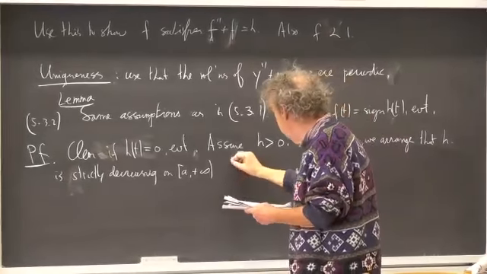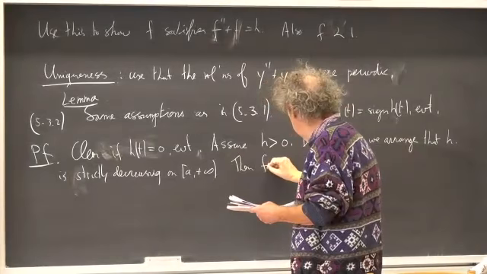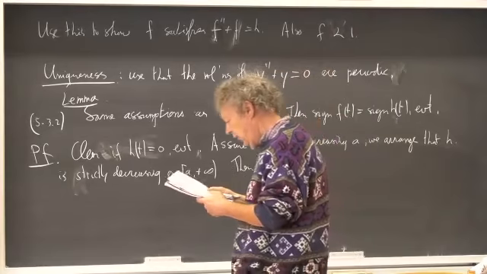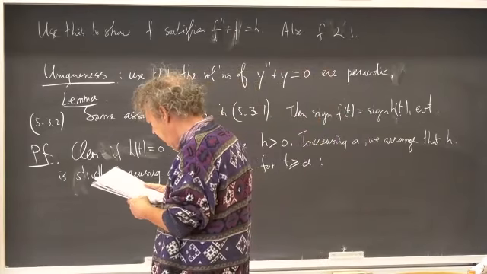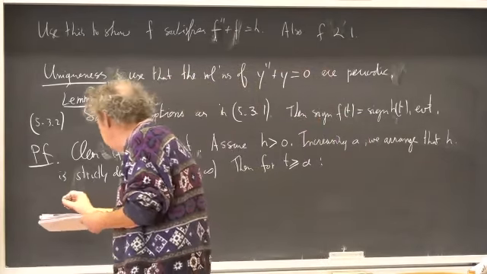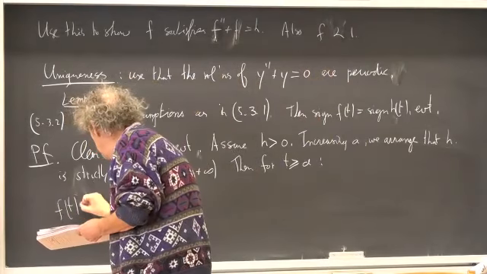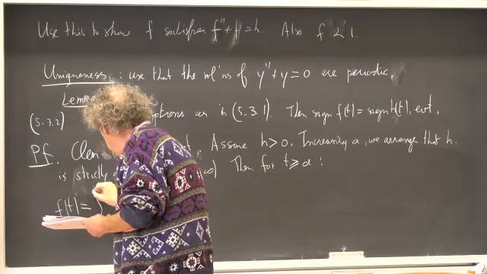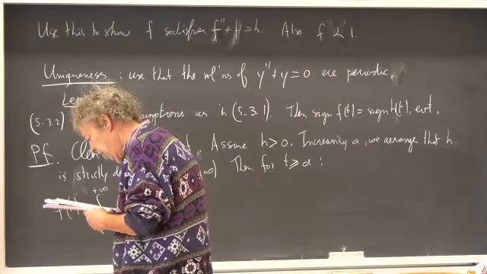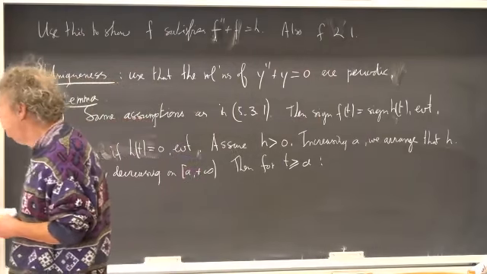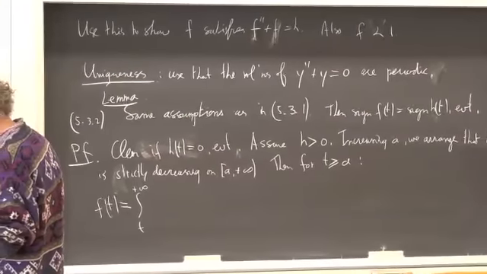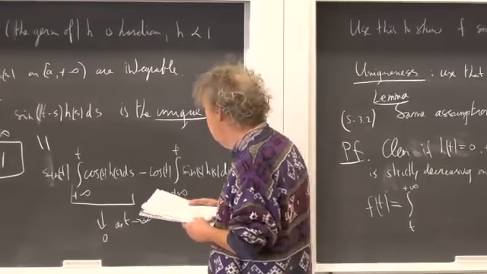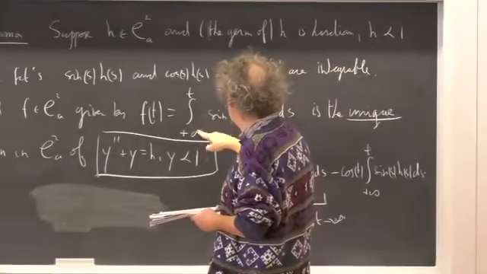Okay, and now for t greater than or equal to a, we split up the integral into infinitely many pieces. F(t) equals the integral from t to plus infinity... here it's written as an integral from plus infinity to t.